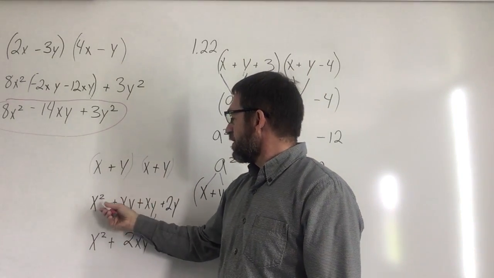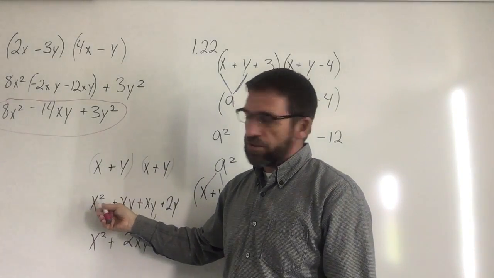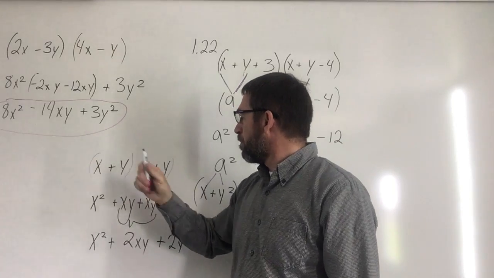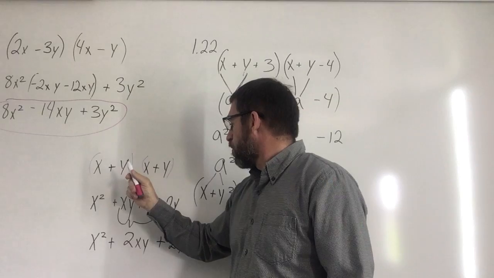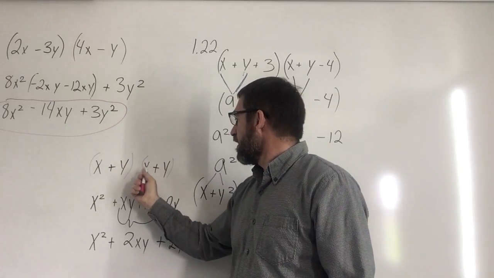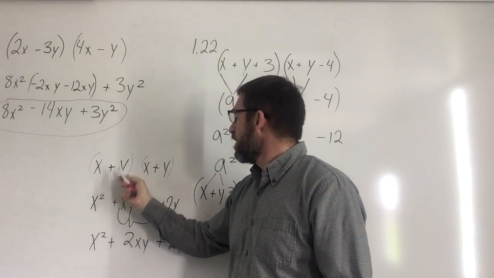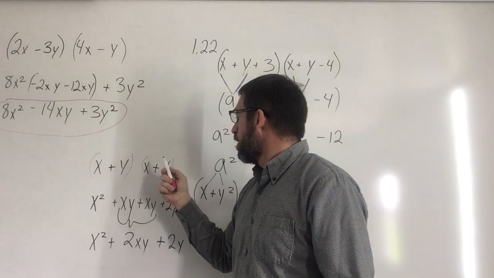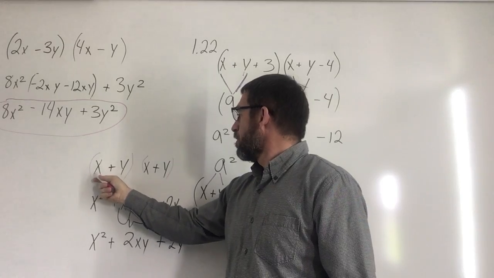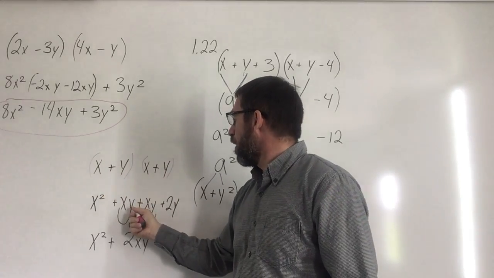x times x is x squared. I'm going to do this real fast because I got it worked out already. You may want to be a little more careful. Next is x times y, which is xy.